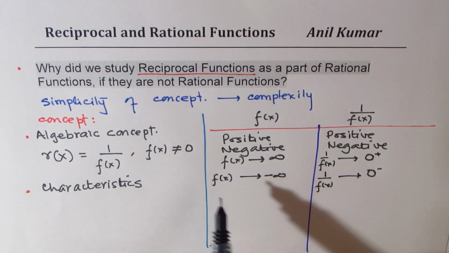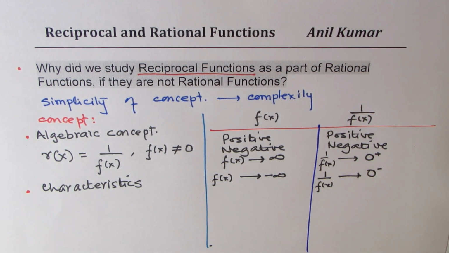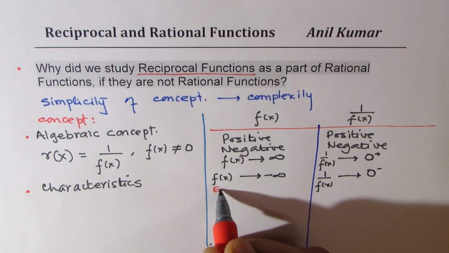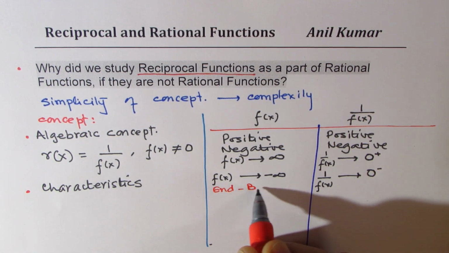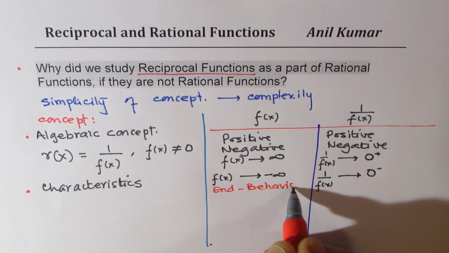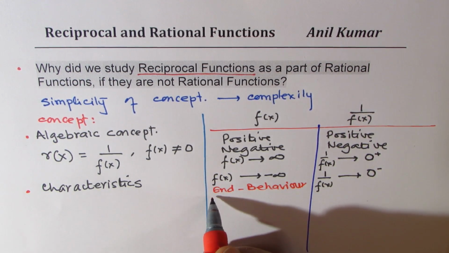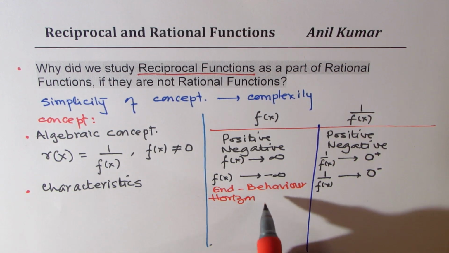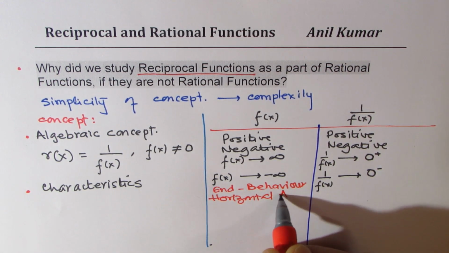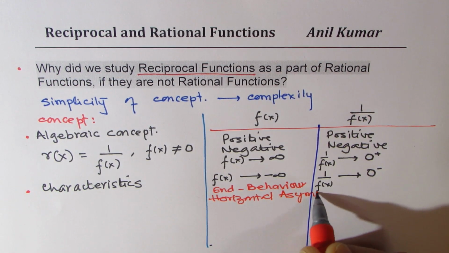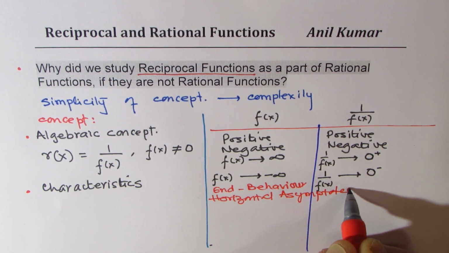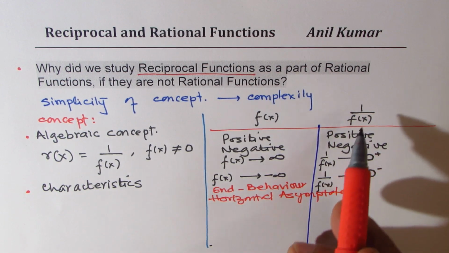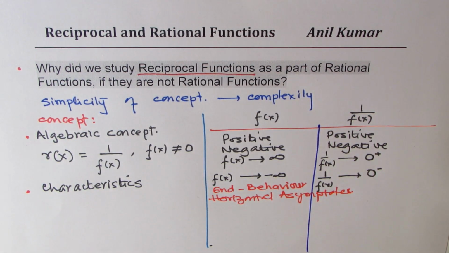Right? So this basically gives you the concept of end behavior. And we also look into horizontal asymptote for reciprocal functions, right? So it gives you a concept of horizontal asymptote.